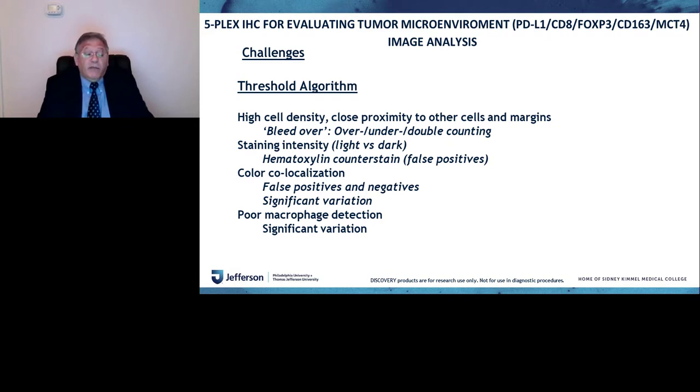Basically, the problem arises because of the high cell density, overlap of cells, and staining variability. Sometimes the hematoxylin counterstain is interfering with the TIL.